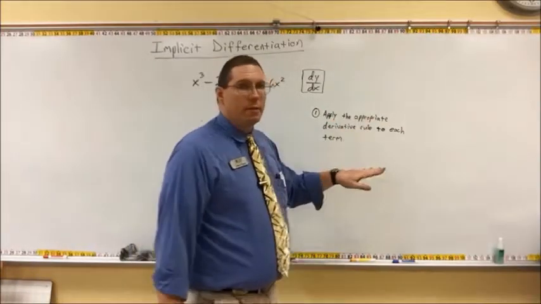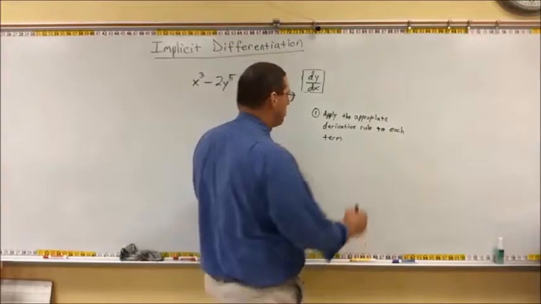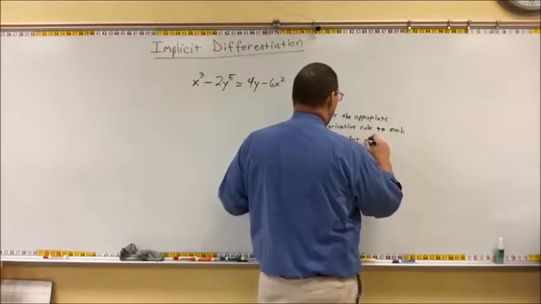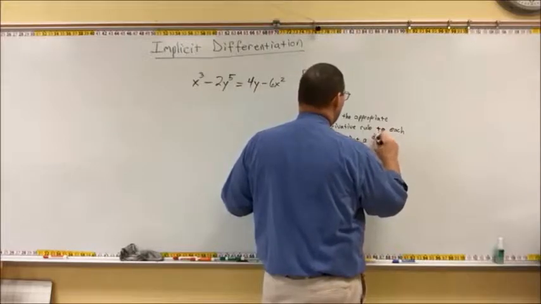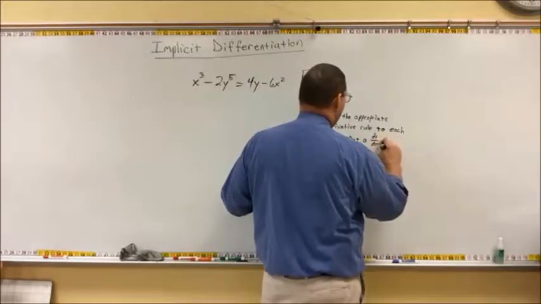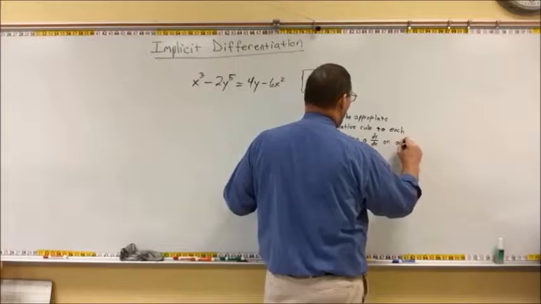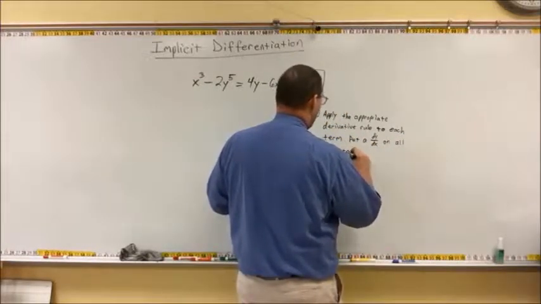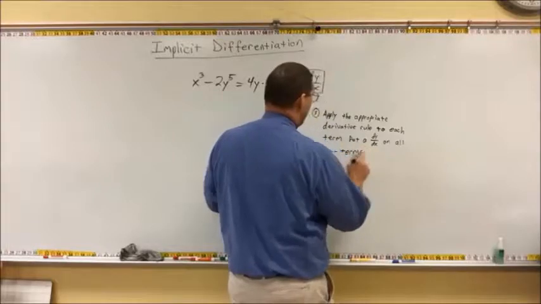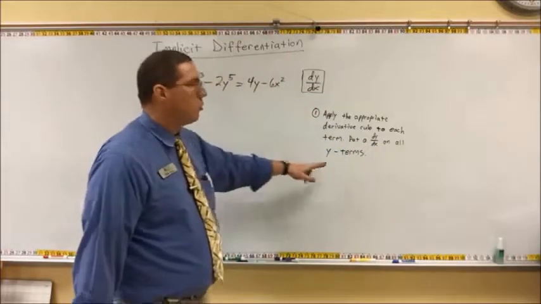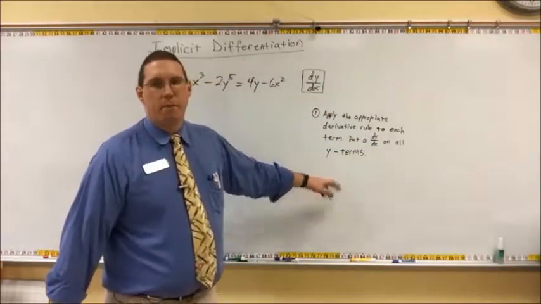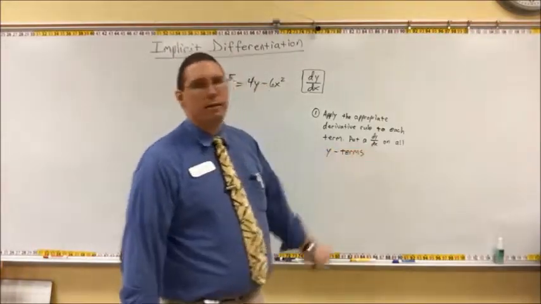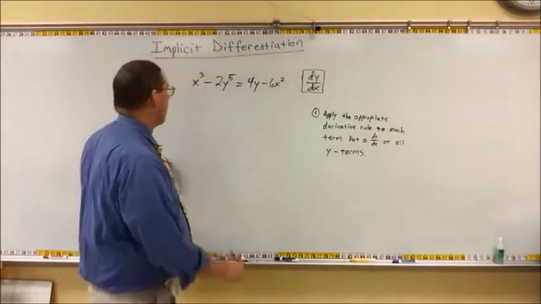While you're doing this, here's the special part. Put a dy dx on all y terms. So every time you do the derivative of something that has y instead of x, you're just going to put on a dy dx. Let me show you what I mean.